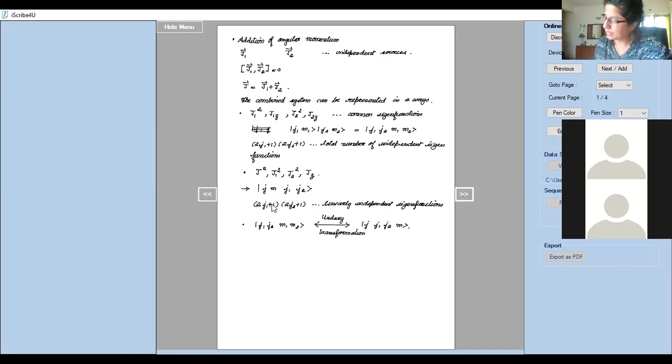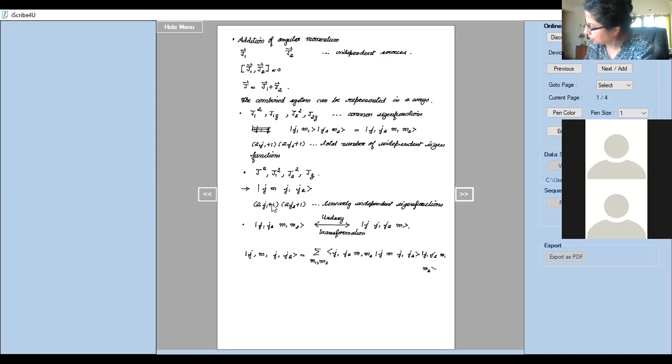So just give me a second. You can write down your eigenfunction J M, J1 J2, as a summation over all of M1 and M2 of the inner product of J1 J2 M1 M2 with J M J1 J2, and then of course here you will have the wave function J1 J2 M1 M2.